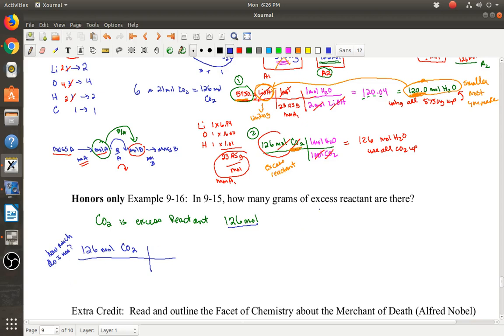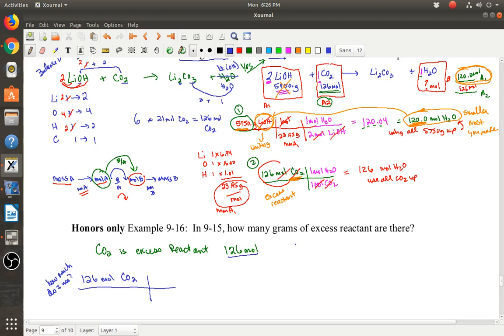I'm going to write the balanced equation back down so we can work with it. 2 lithium hydroxide moles plus a CO2 mole gives you lithium carbonate and water. Okay, now I know that when I use the 5,750 grams of lithium hydroxide, I only create 120.0 moles of water.